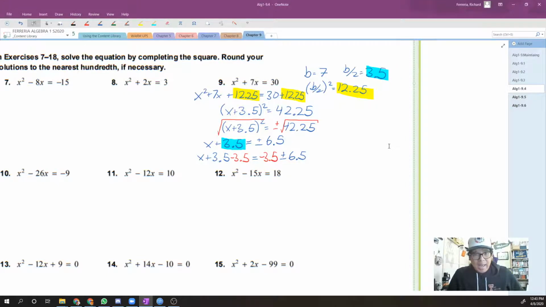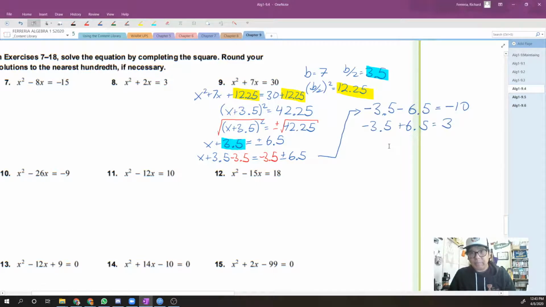You're subtracting 3.5 because you want to solve for x. And you get x equals negative 3.5 minus 6.5 and negative 3.5 plus 6.5. Do a little bit of the mathematics and you get negative 10 and 3. So x equals negative 10 or 3.